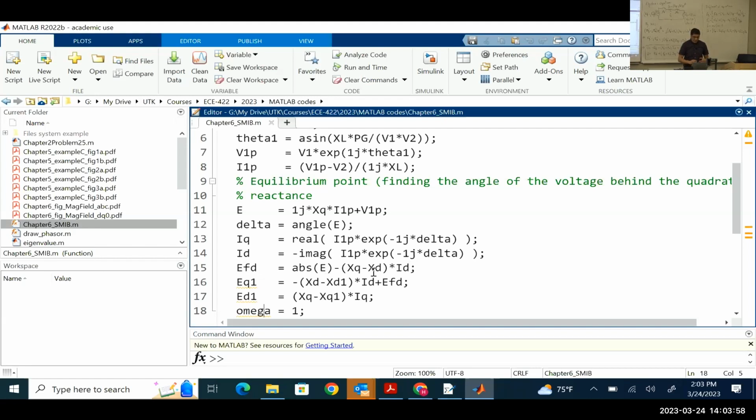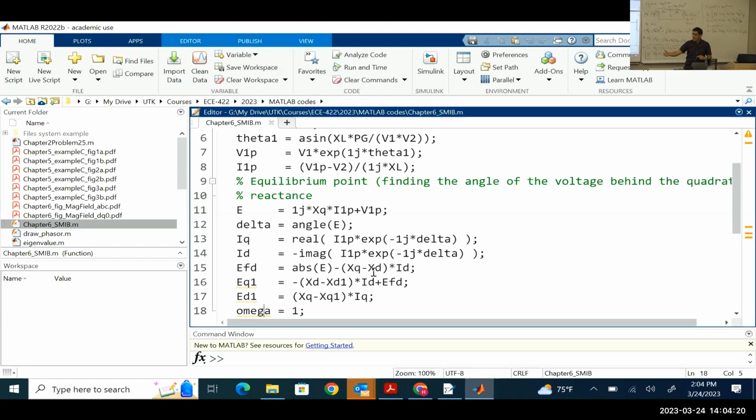So we solve for EFD and we get an initialization for EFD. I mentioned that EFD is going to be related to the actual DC voltage we apply to the field winding, right? So if we want to increase the terminal voltage in the machine, we need to come here and increase that EFD.